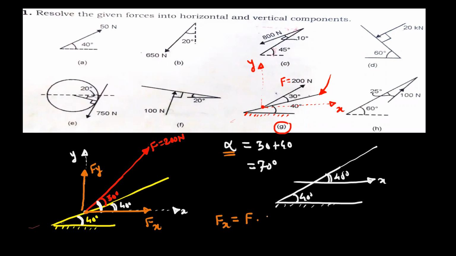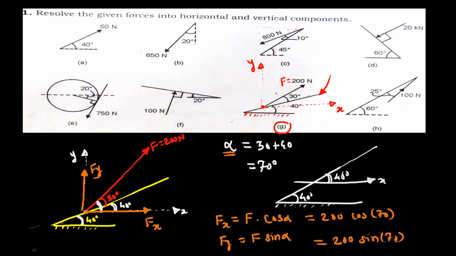So Fx is equal to F cos alpha, and Fy is equal to F sin alpha, because Fy is opposite to this angle. So F is 200 cos 70, and Fy is 200 sin 70. So you can find out the exact answer. You can use the calculator.